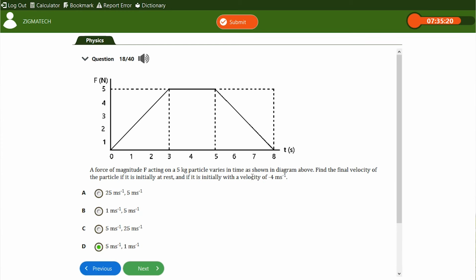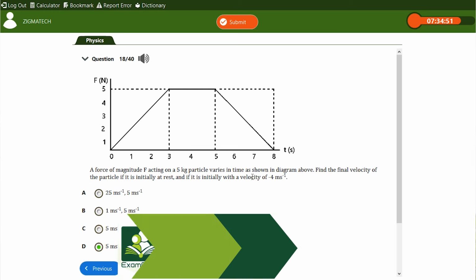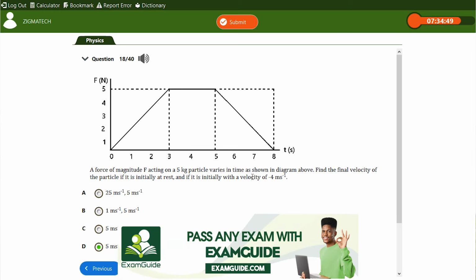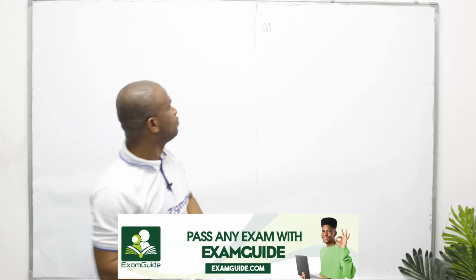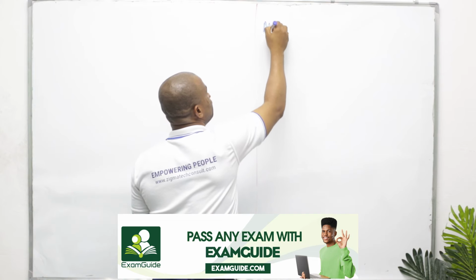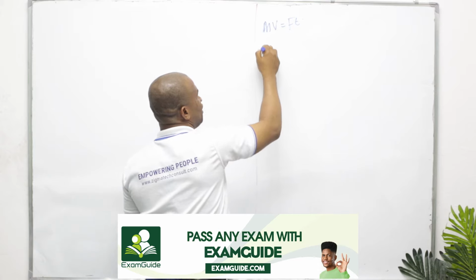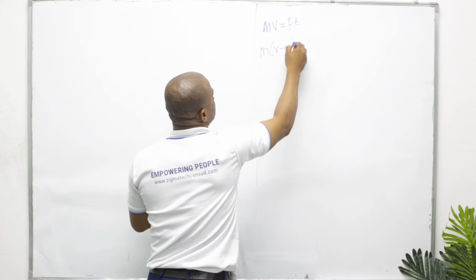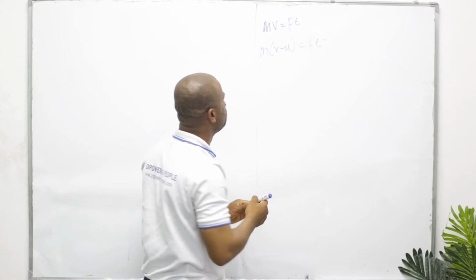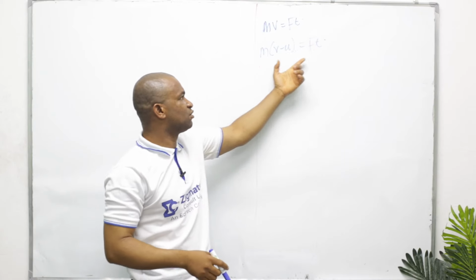Okay, number 18. If you look at this question, we have an FT graph. The area under the curve must be momentum. So this is going to be momentum, MV equal to FT. But this is actually M bracket V minus U equal to FT, because change in momentum is equal to the impulse.